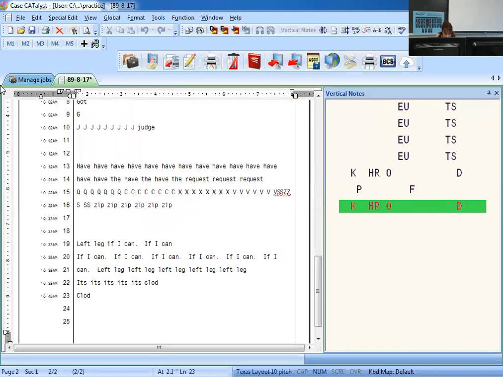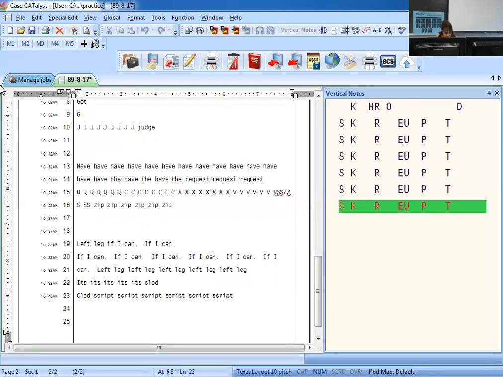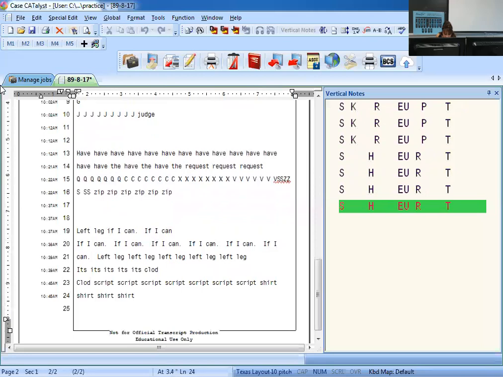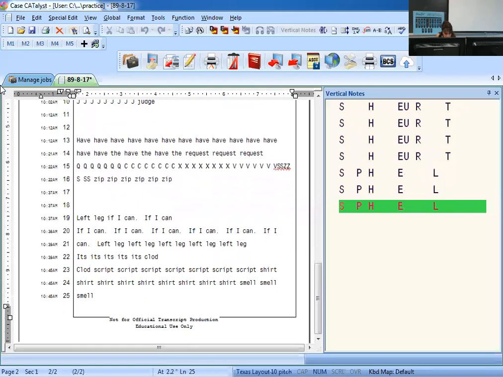And then script. Sometimes script is a hard word for students to write. So S-K-R-I-P-T, script. And just practice writing these words, okay? Shirt sometimes is shirt, smell, okay?